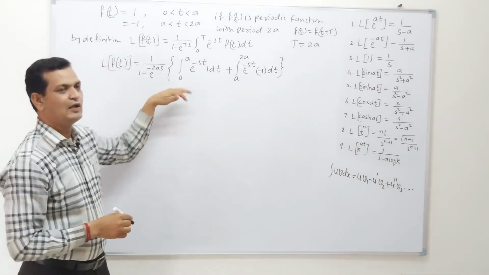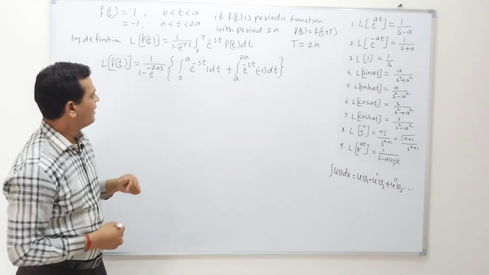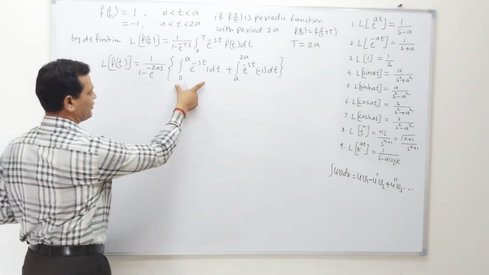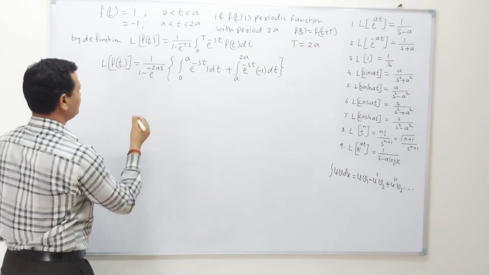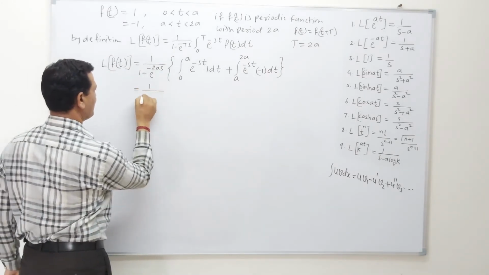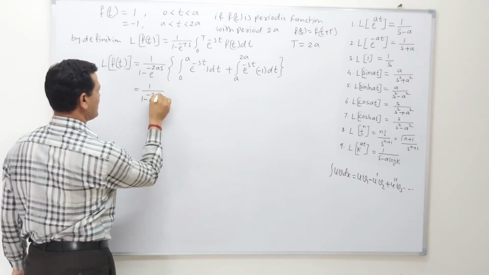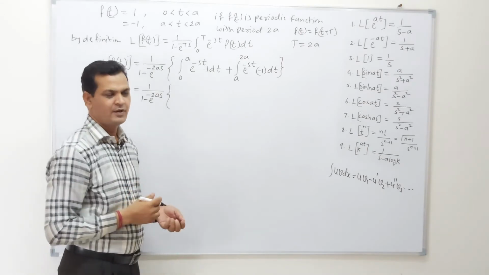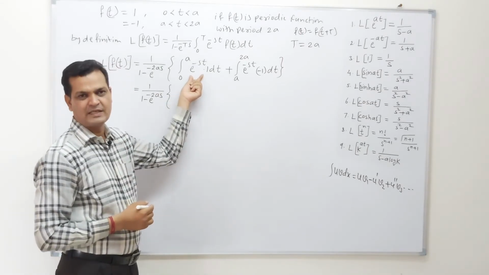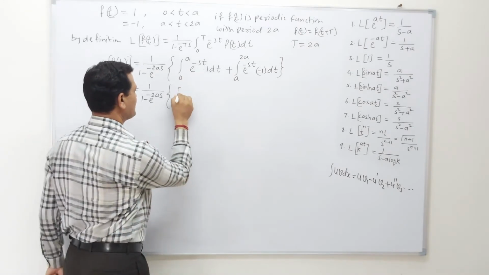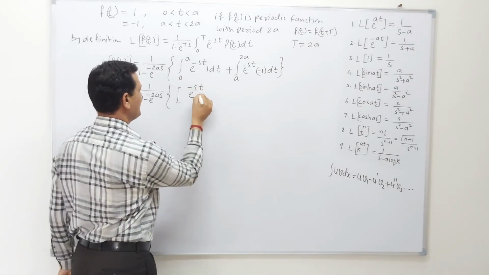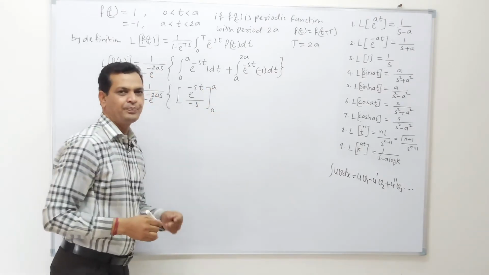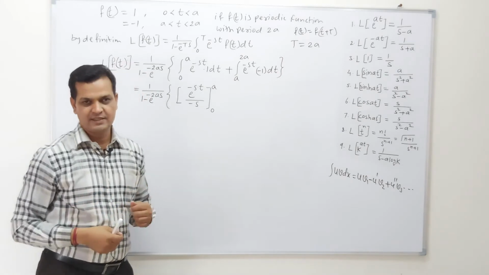After putting the given function and conditions into the definition of the periodic function, we get this step. The next step is to find the integration of each part. We write 1 upon 1 minus e raised to minus 2as, then in brackets: for the first part, 1 is constant and only e raised to minus st is present. Its integration is e raised to minus st upon minus s, limit 0 to a, because the integration of e raised to x is e raised to x.